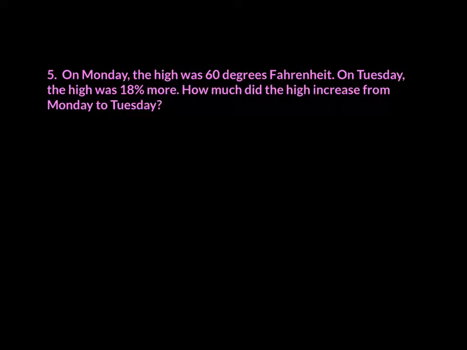The last problem we're going to do. On Monday, the high was 60 degrees Fahrenheit. On Tuesday, the high was 18% more. How much did the high increase from Monday to Tuesday? So it was 60 degrees Fahrenheit. The high was 18% more.